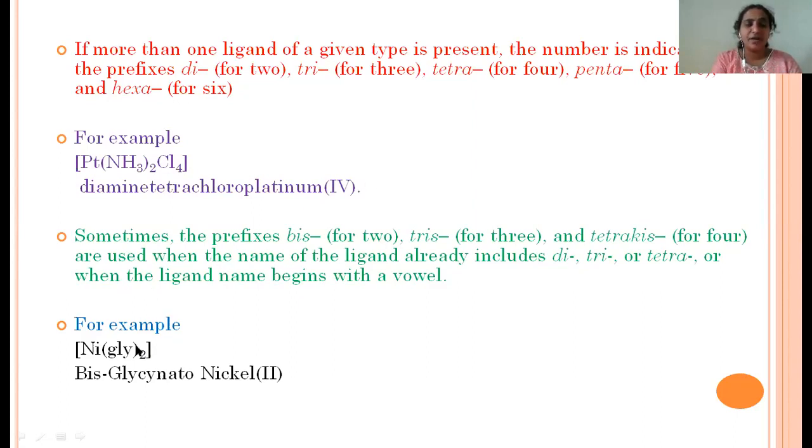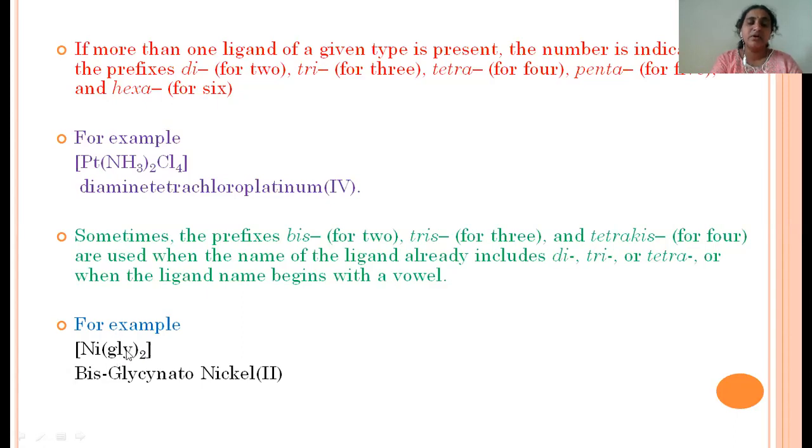For example, if the complex contains polydentate ligands, then instead of using di, tri, tetra, penta, hexa, we use the prefixes bis, tris, tetrakis. For example, in this complex two glycinate ligands are present.